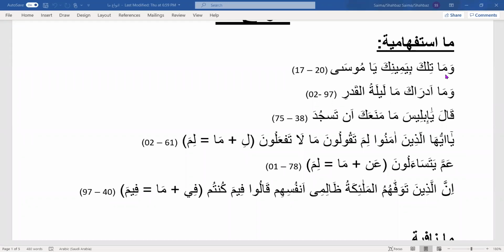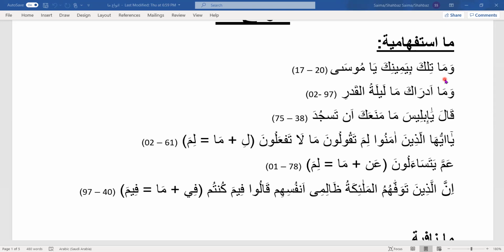So Brother Naeem, the ma used here, this ma, what type of ma is it? Ma istifhamiyah. Because this ma is used to ask a question. Like we learn in the ismiyah sentence, when we make a sentence interrogative, we can use ma.